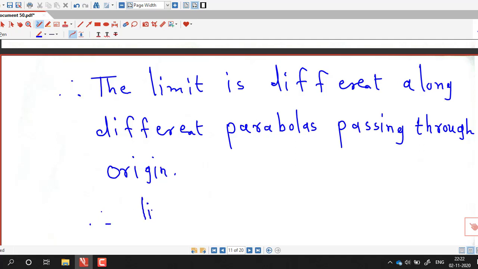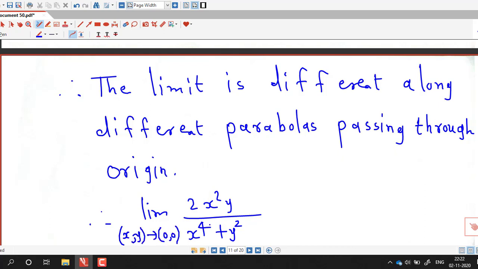Therefore limit of 2x square y over x raised to 4 plus y square as (x, y) approaches (0, 0) does not exist.